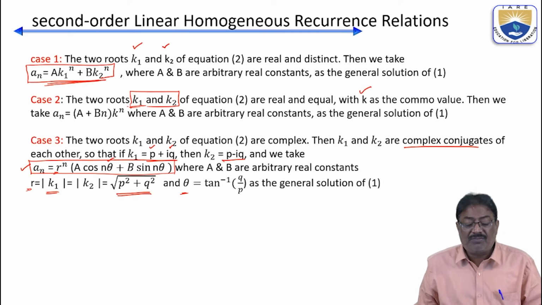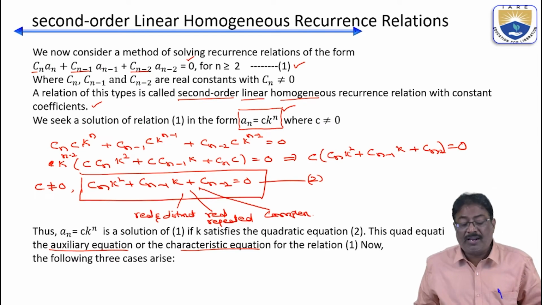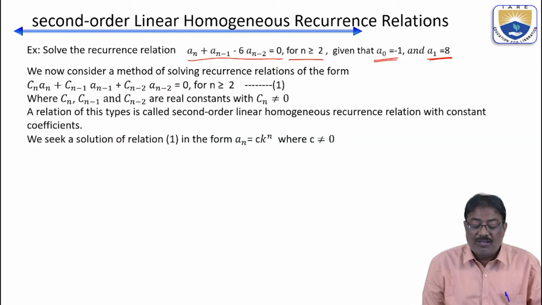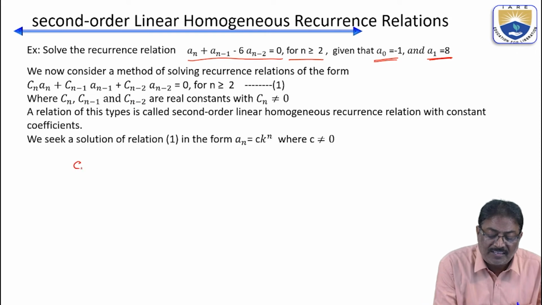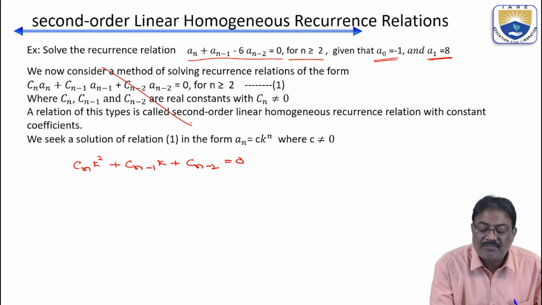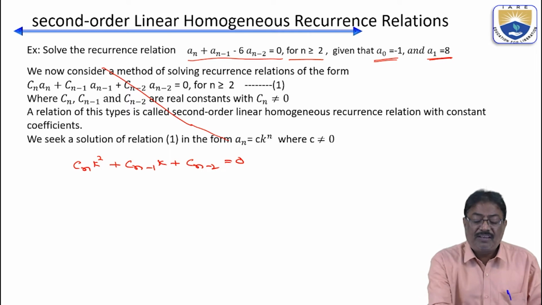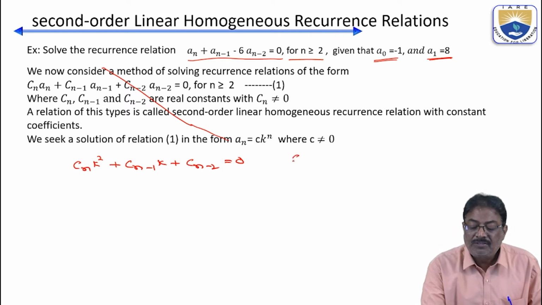The auxiliary equation is C_n k square plus C_(n-1) k plus C_(n-2) equals 0. Here, C_n is the coefficient of a_n, which equals 1. C_(n-1) is the coefficient of a_(n-1), which is 1.